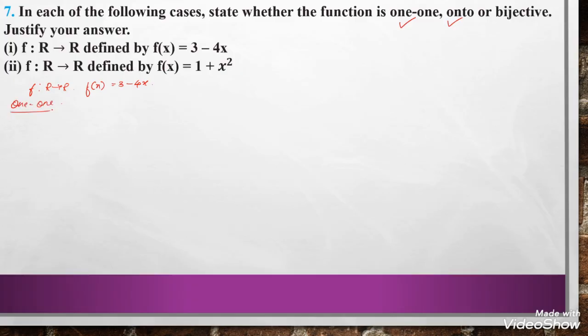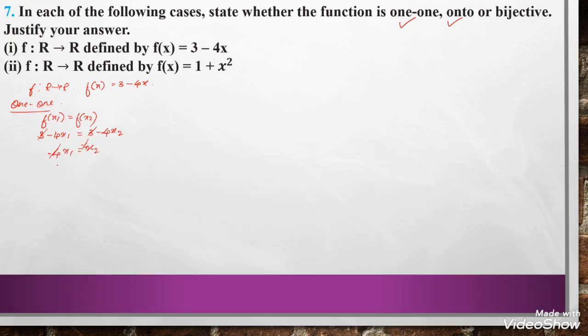According to the definition of one-one condition, check f of x1 is equal to f of x2. So 3 minus 4 x1 is equal to 3 minus 4 x2. First neglect the 3. Here minus 4 x1 is equal to minus 4 x2.